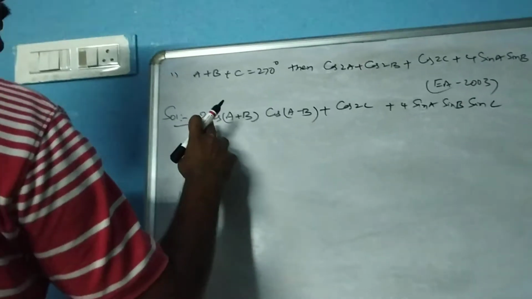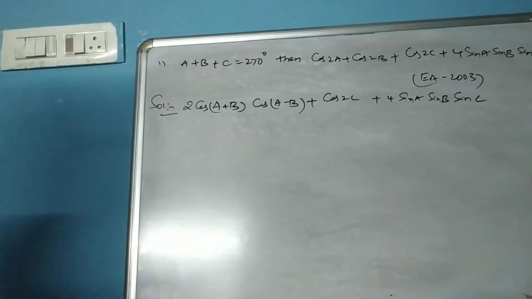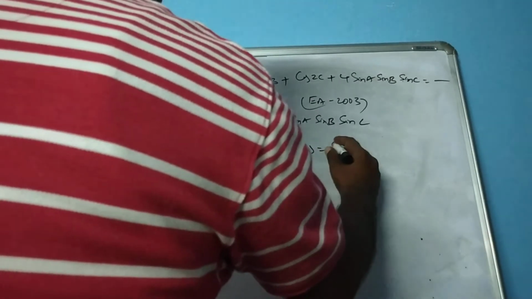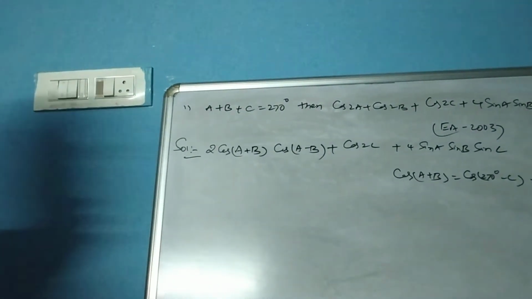Remaining part I will keep like this. a plus b plus c is equal to 270. Cos(270 minus c) is minus sin c.